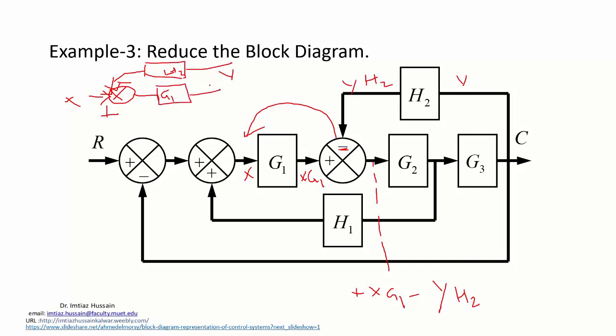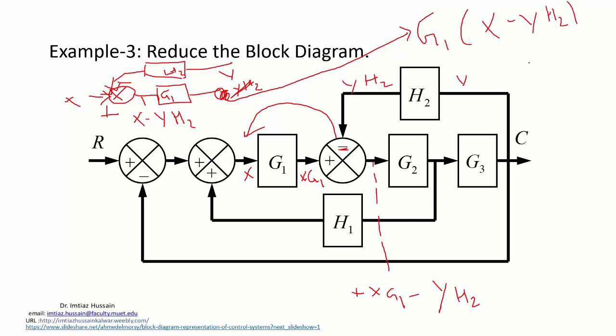Since x is fed to the comparator with a plus sign and yh2 with a minus sign, the signal that you will be getting at this point will be x minus yh2, and this will be multiplied by G1 to give you the output at this location, which will be equal to G1 multiplied by x minus yh2.